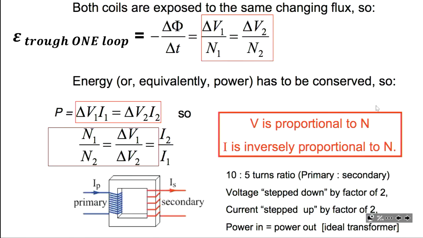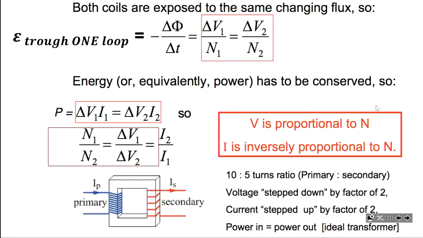However, in an ideal transformer, the energy supplied per second, which is power, is the same. How do we calculate power? Voltage times current. This product for both coils should be the same. So this also gives the relationship between electric current and the number of turns.